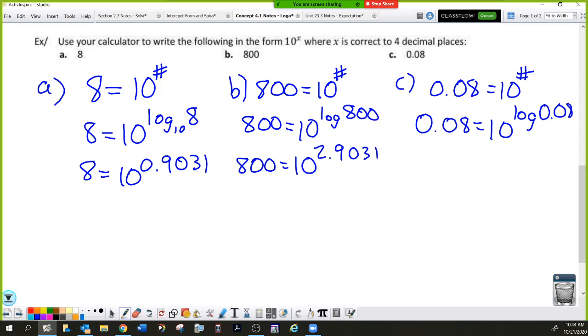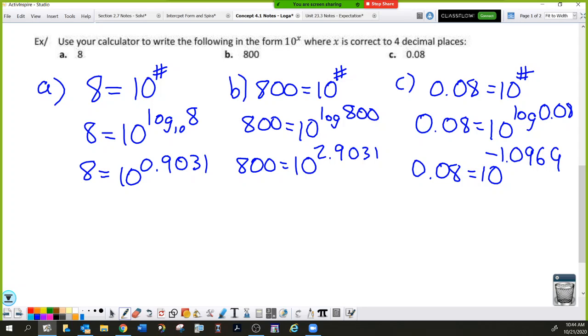I got the exponent of -1.0969. Is that what log of 0.08 is? Cool. How about that? Math works. I couldn't get that negative decimal in my mind, but I can tell you why it was true.